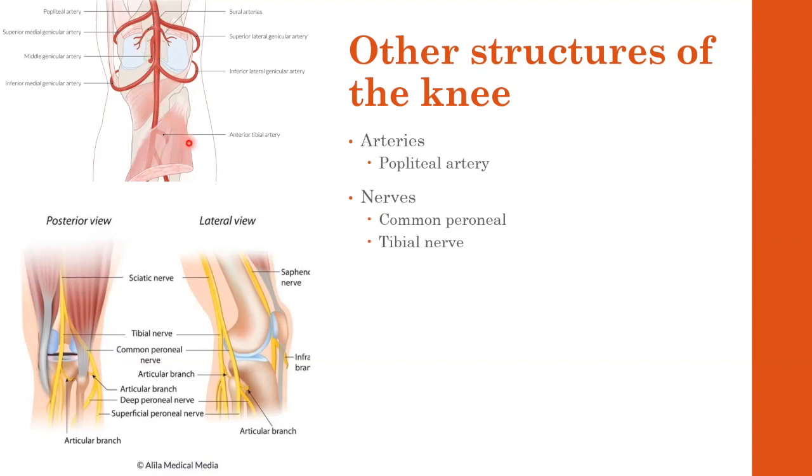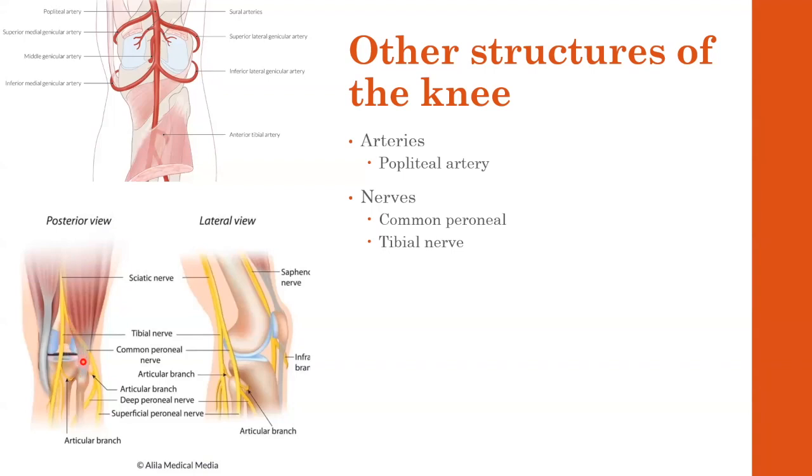Pretty straightforward there. And then as far as the nerves, again, we have the common peroneal, also referred to as common fibular, and we have our tibial nerve. These nerves are the branches of the sciatic nerve. The bundle of the sciatic nerve is actually the combination of these two individual nerves.